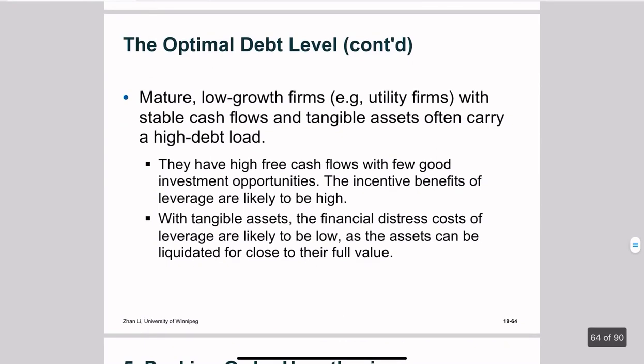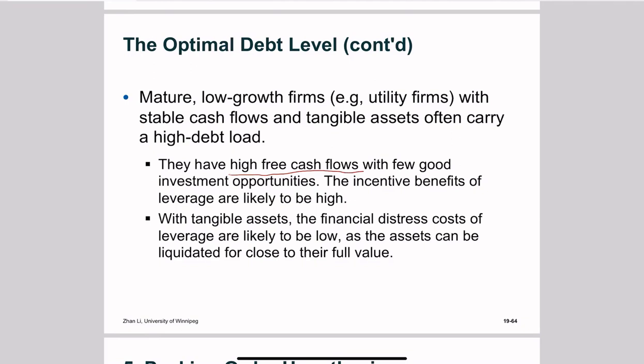Now, we could also see that mature low growth firms such as utility firms, right, such as Manitoba Hydro, these types of firms have stable cash flows and they have a lot of fixed assets. And these firms generally have a lot of debt. So why? Well, the reason is because these firms have high free cash flows. Essentially utility firms are boring firms.